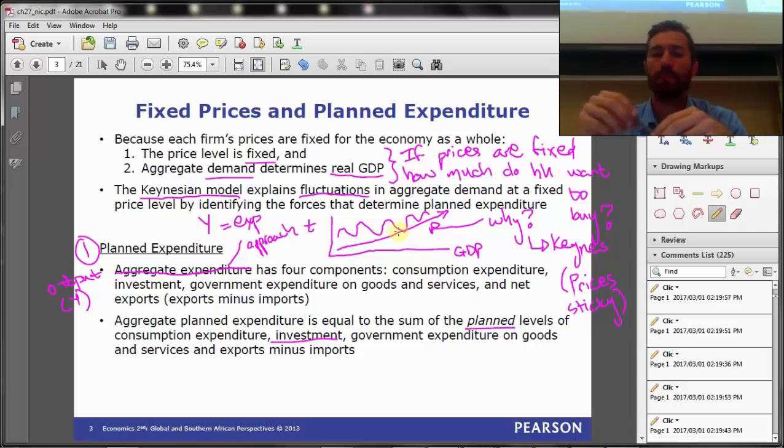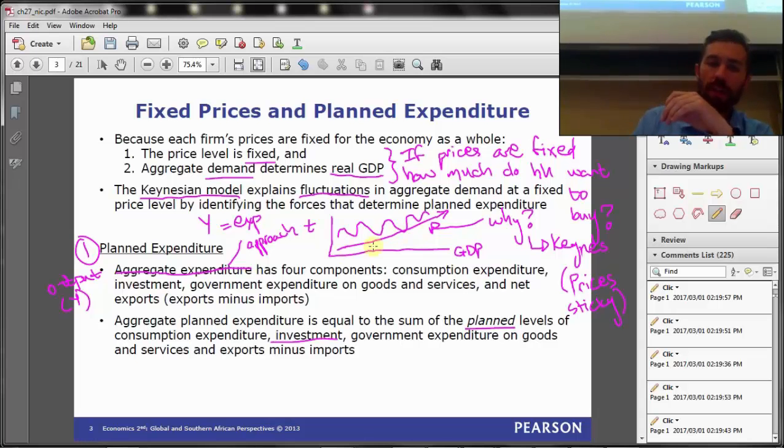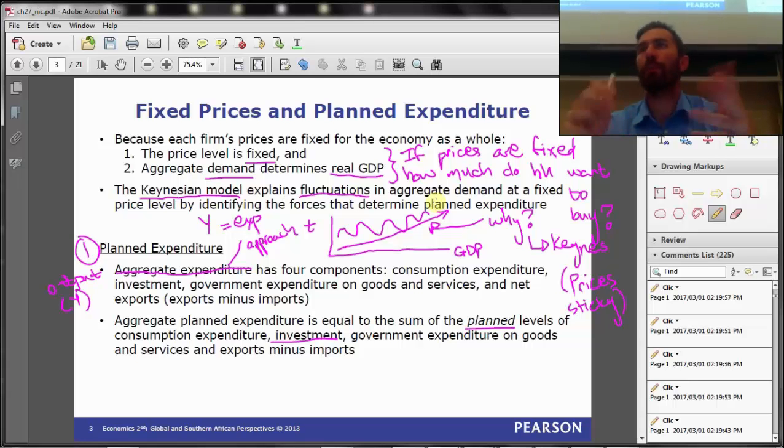So if we're treating the trend line as potential GDP, the amount of output we can produce, why would we ever produce some amount that was different to the amount we could produce? Why do we have unemployed labor? Why do we have capital that's not being used? So the suggestion was, maybe there's something wrong with the adjustment mechanism, which comes through prices.